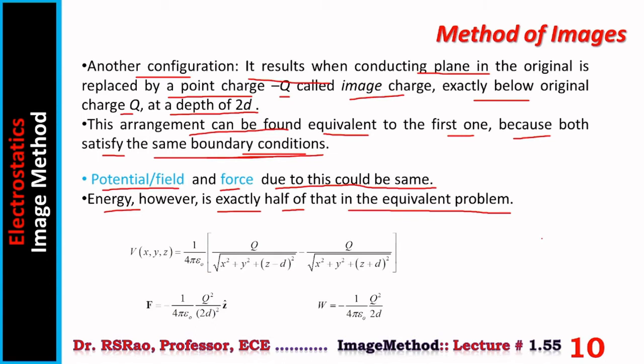Therefore, in the equivalent problem, energy exists above and below, while in the original problem energy exists only above the XY plane. So in the original problem, energy is 1/2 of the energy in the equivalent problem. Here are shown expressions for voltage, force, and energy.